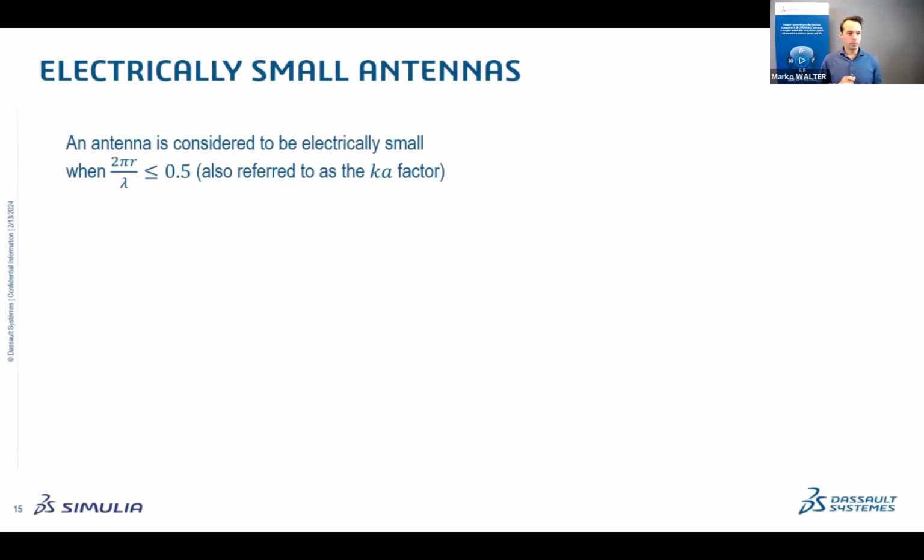Let's go to the next topic, which is just electrically small antennas. So an antenna is considered electrically small when it can be encapsulated by a sphere with a circumference of, let's say, smaller than half a wavelength. And so this is the typical ka factor for those of you familiar with electrically small antennas.